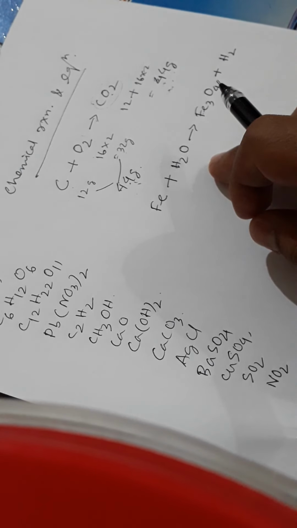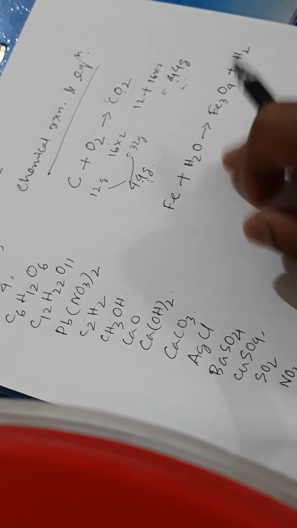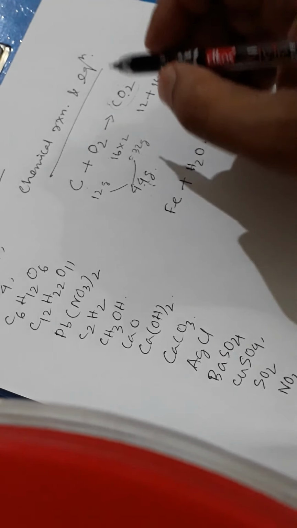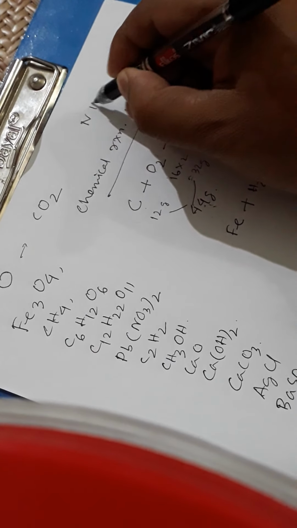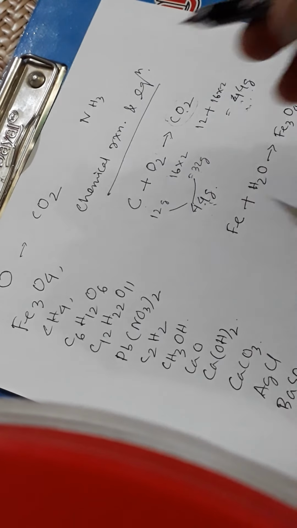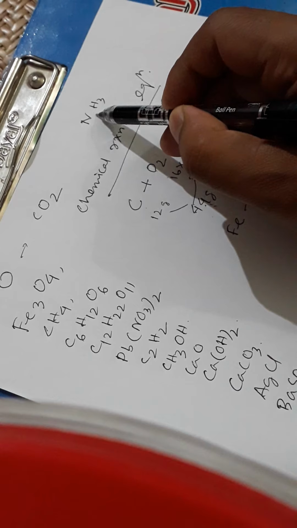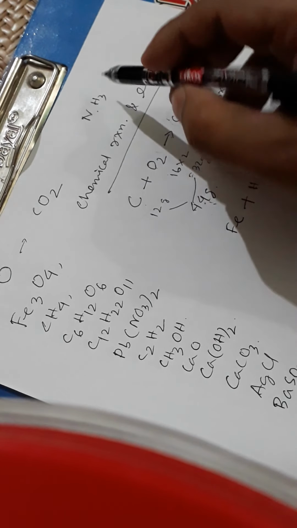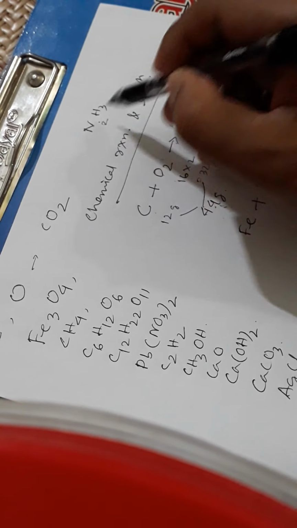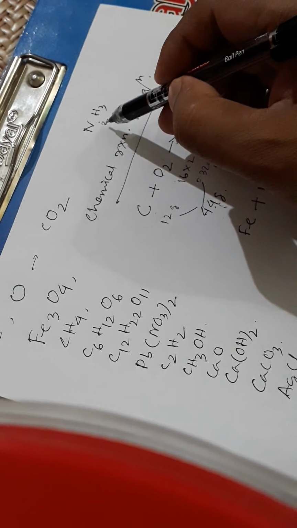Oh, okay. Before that, I am going to discuss one thing for balancing equations. Suppose NH3. For balancing, you cannot write any number below an atom, like writing 2 to balance nitrogen.